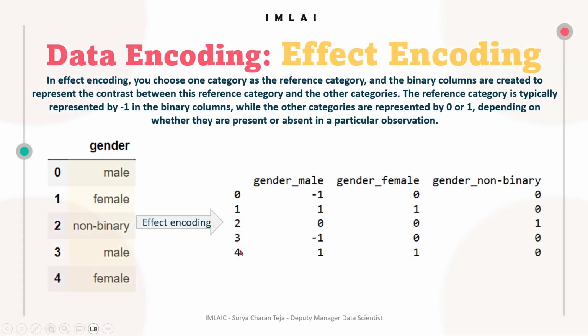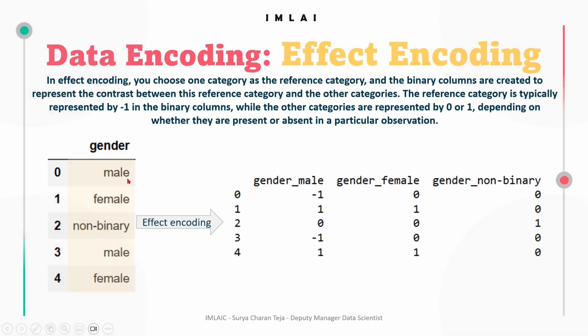And that's what had happened here. So effect encoding is commonly used in statistical analysis or regression modeling when you want to compare the effects of different categories relative to a reference category. It allows you to understand the contrast between different categories and their effects on an outcome variable.